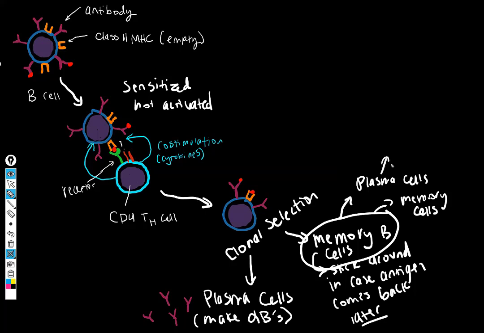And so obviously the plasma cells are going to rapidly create oodles and oodles of antibodies against that particular antigen with the goal of binding them up and getting rid of them, nipping that problem in the bud before it even has a chance to take hold.